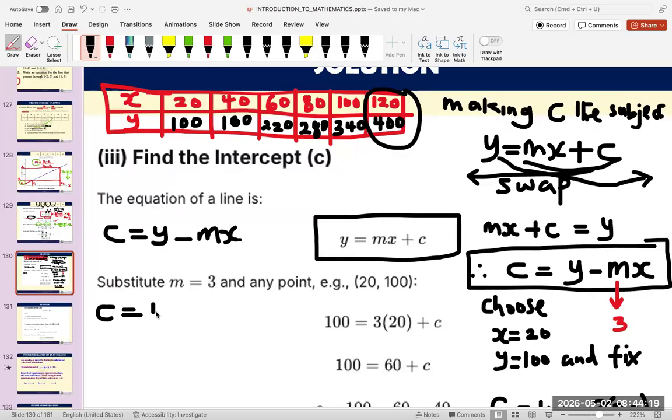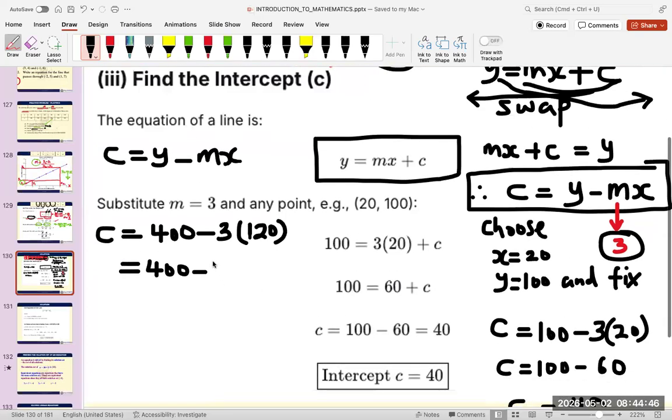So we write there 400 minus M, we have found already. M is 3. So we fix the 3 there. And then X is 120. Let's keep working. We have 400 minus 3 times 120 will give you 360.